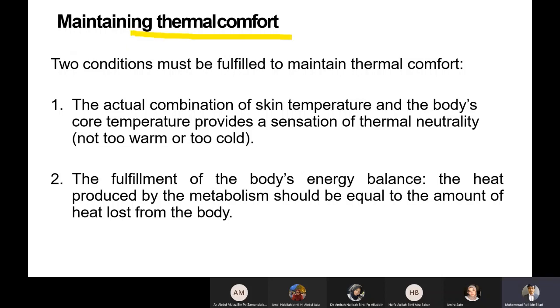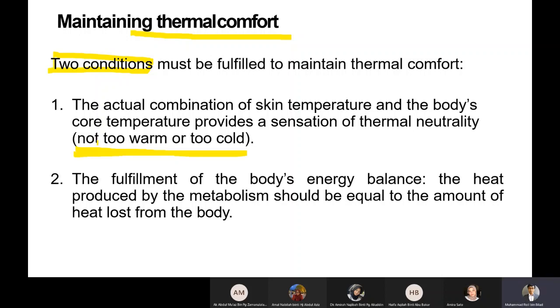It is highly related to two conditions. Number one is the actual combination of skin temperature and body core temperature. That provides a sensation of thermal neutrality. We say it's not too hot, not too warm, not too cold. It's relative to your body temperature.